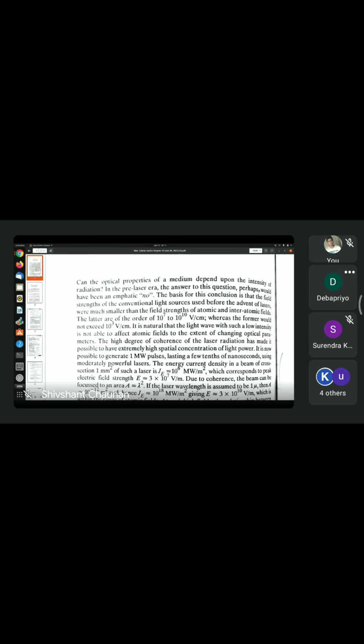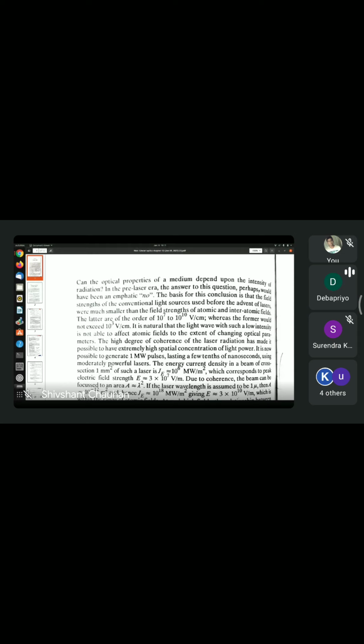So it is insignificantly small compared to the electric field produced by the nucleus. And therefore, the response of an atom to an electric field is basically linear.